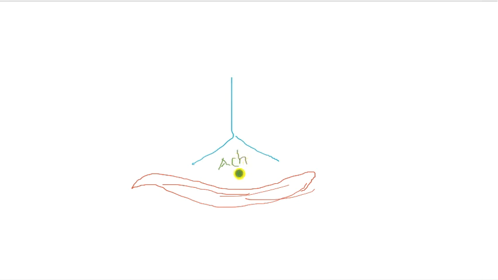Acetylcholine is formed by two components, acetate and choline. This neurotransmitter can get degraded.